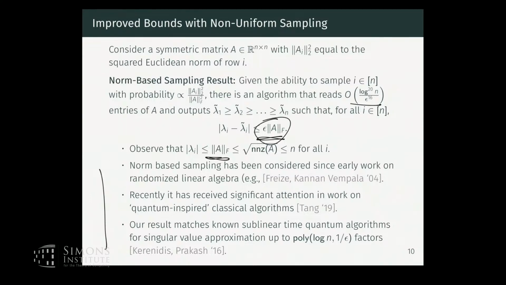Just quickly, so the sampling model here is that first you get to sample a row proportional to norm square, and then you don't know the locations of non-zeros? Yeah, you don't need to know the locations. Well, actually, sorry, in the quantum inspired model, typically what you can do, because you can build a fast data structure, is sample a row proportional to its norm, and then sample entries within the row proportional to their size.